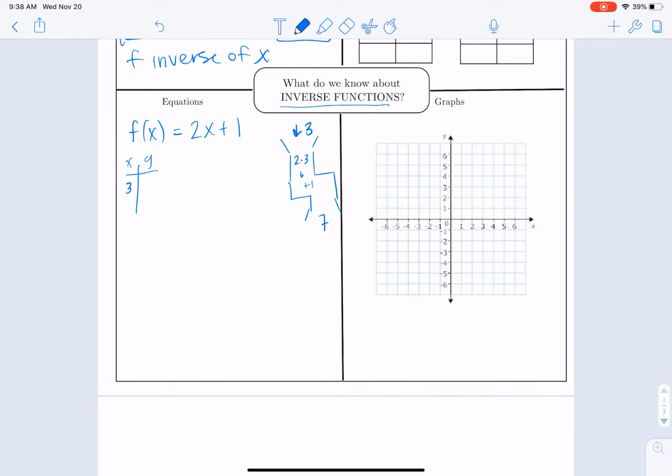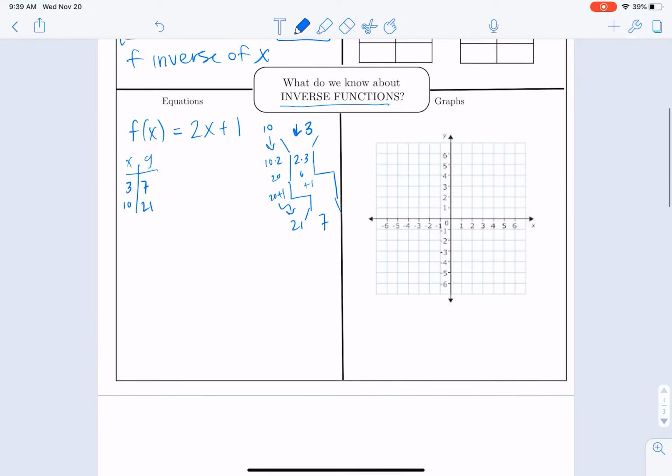So when I input 3, my output is 7. Let's do another one. Let's take 10. So let's say that I input 10. So 10 times 2 is going to give me 20, and 20 plus 1 is going to give me 21. So when I input 10, I output 21.